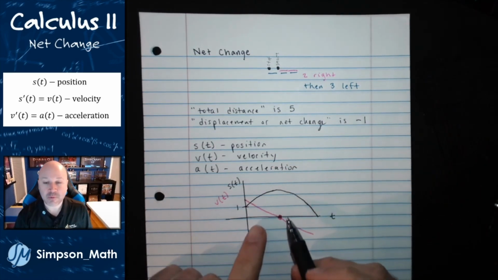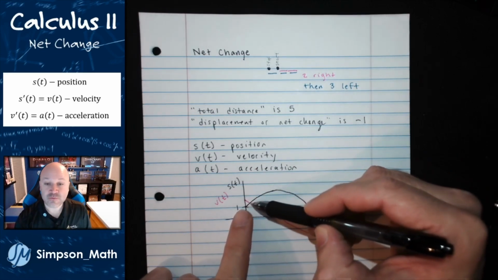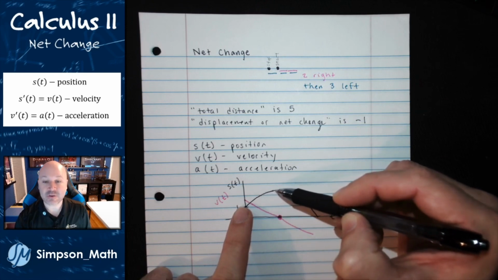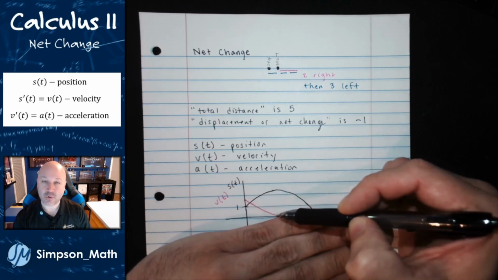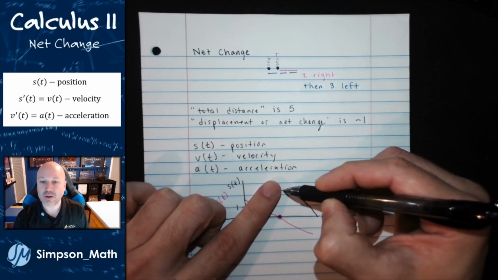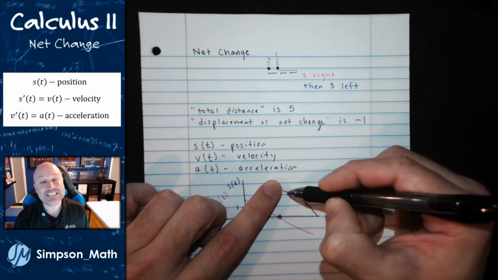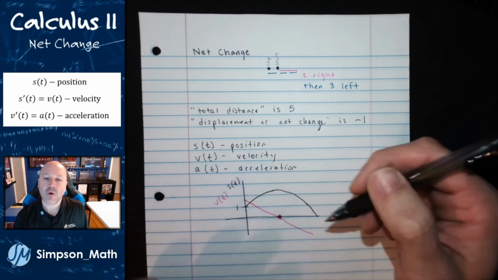And you probably remember how when the original function was increasing, the derivative function was positive, or above the x-axis. When that original function is decreasing, then the derivative function is negative.